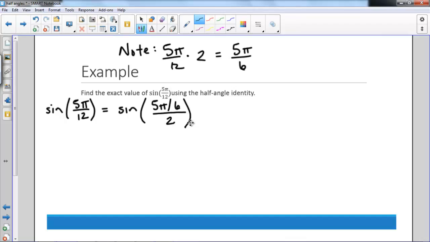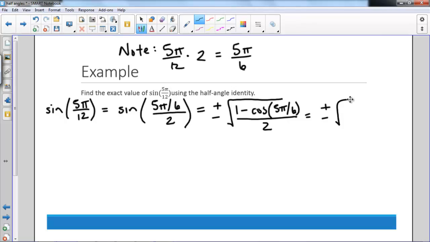And using our equation from the previous page, we're going to have plus and minus the square root of 1 minus cosine theta. Here our theta is 5 pi over 6 all over 2. So I'm going to have plus and minus square root 1 minus cosine of 5 pi over 6, which is negative root 3 over 2, all over 2.